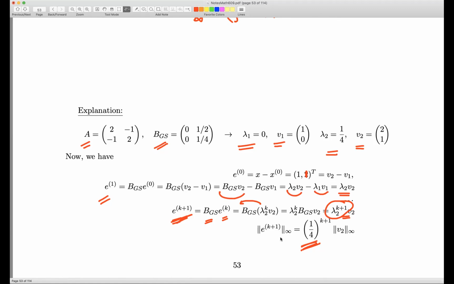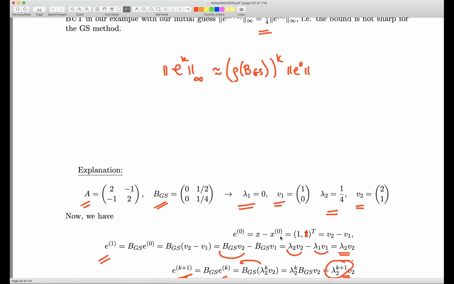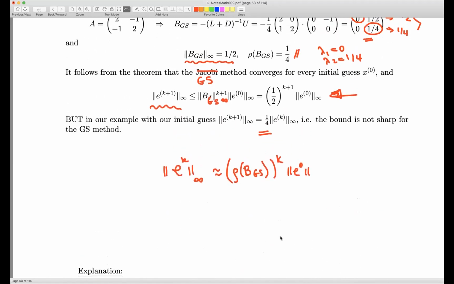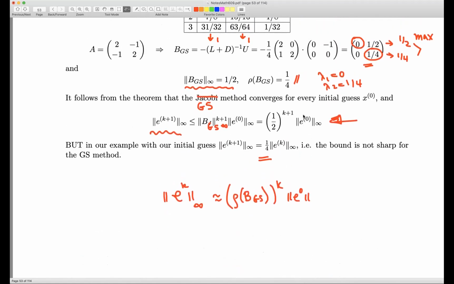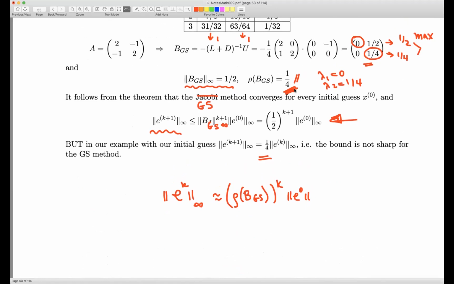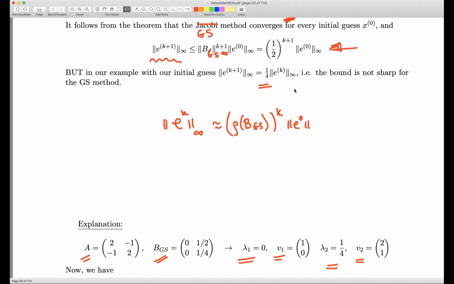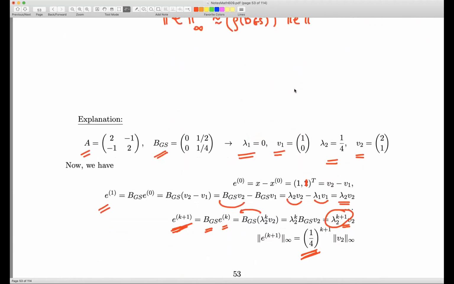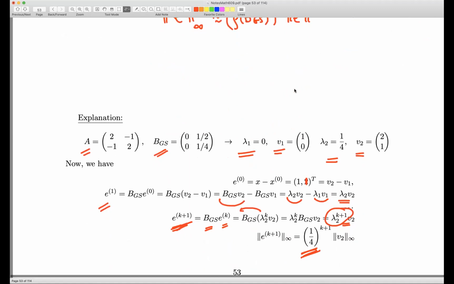This gives an explanation why the Gauss-Seidel in this particular case converges faster: the spectral radius of the Gauss-Seidel iteration matrix is 1/4, which is smaller than the spectral radius of the Jacobi method.